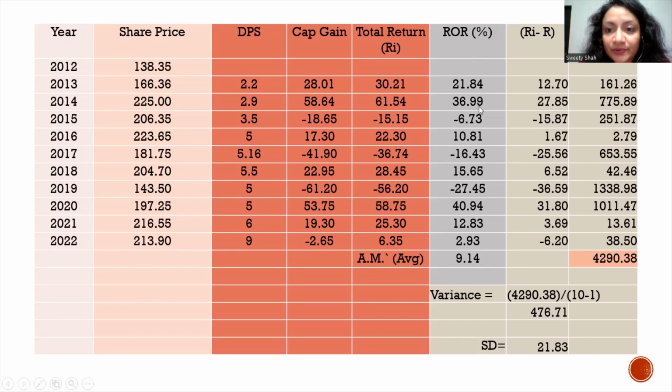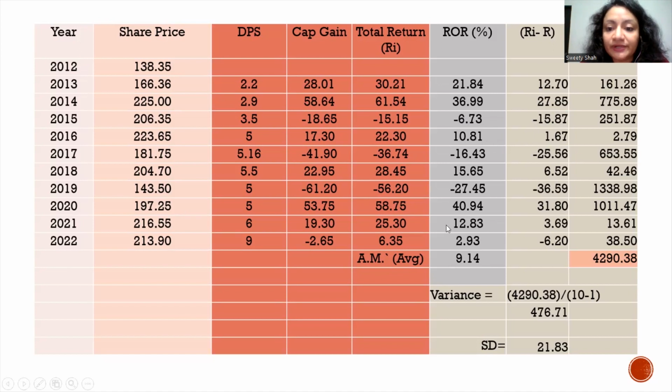Second would be 36.99 minus 9.14, which is 27.85. But when it comes to a negative return, this negative return is minus 6.73 minus 9.14. So it would turn to minus 15.87. This would be minus, minus, plus, but your sign would remain minus: minus 15.87.